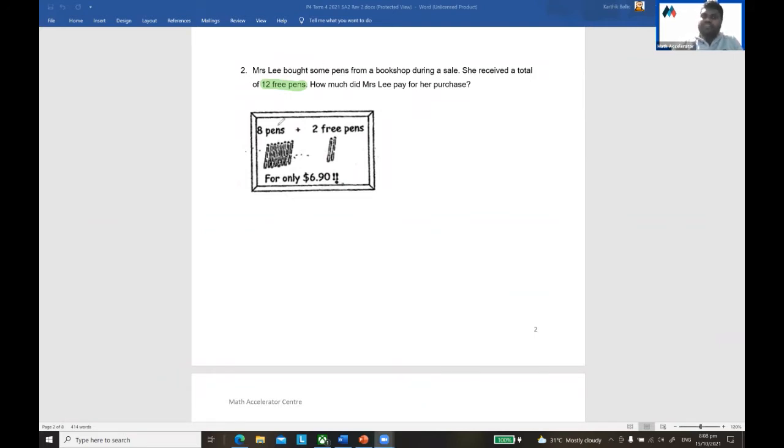Okay, now if you look at this question, it says that if you buy 8 pens, so let's write down here buy and free. So if you buy 8 pens, you will have 2 free pens, right? You want to write down here pens and pens.